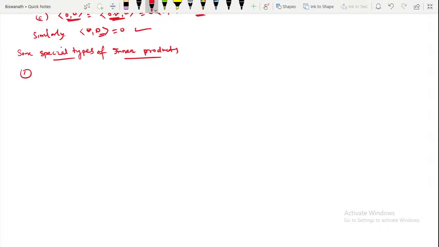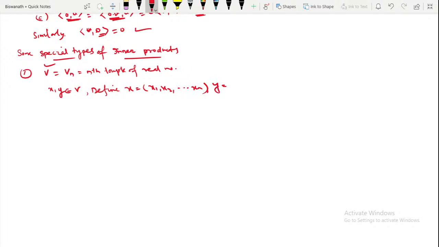Like in the first case, if my vector space V is the nth tuple of real numbers, and let x, y belong to V. So how will x and y look? My x will be from V_n, that means x1, x2, up to xn. Similarly, y is from V_n, so y will also look like y1, y2, up to yn.